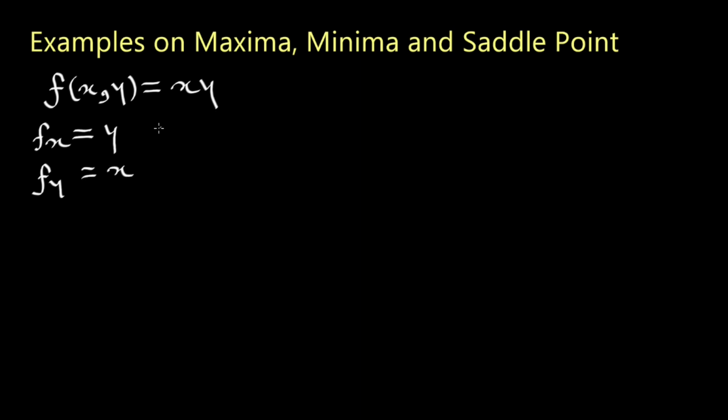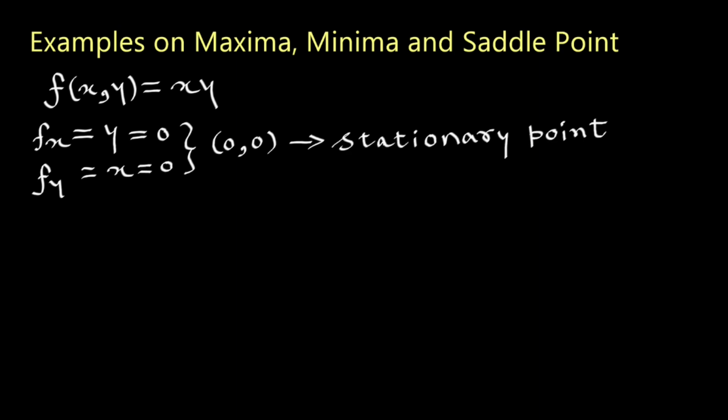Next function for finding maxima and minima is xy, for which f_x is y, f_y is x. For finding stationary values, we will equate each of them to 0, so that gives us the origin (0, 0) as the stationary point at which maxima or minima could happen.